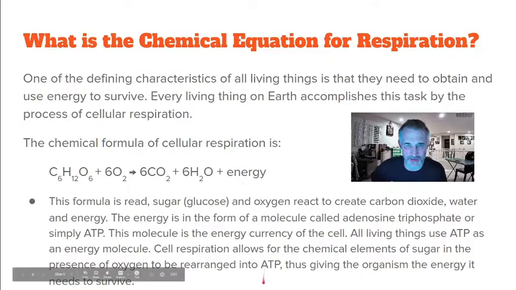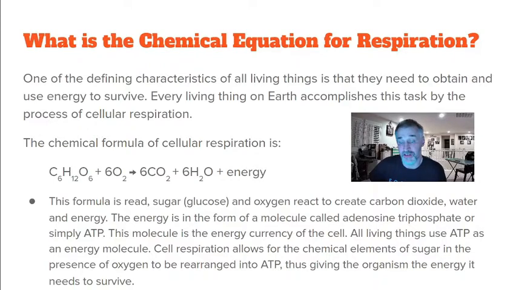The energy here is going to be ATP, or adenosine triphosphate. The formula is read like this: sugar, or glucose, and oxygen react to create carbon dioxide, water, and a little bit of energy. The energy is in the form of a molecule called adenosine triphosphate, or simply ATP. This molecule is basically the energy currency of all living things.